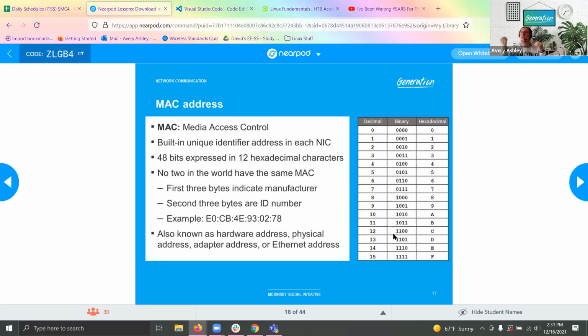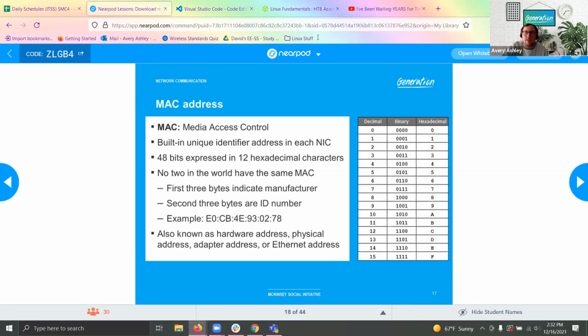So how they communicate to other devices on your network, not how they communicate with devices through the internet. That's when we get into IP addressing, and we'll do a deeper dive on that. So there, in theory, are no two identical MAC addresses.